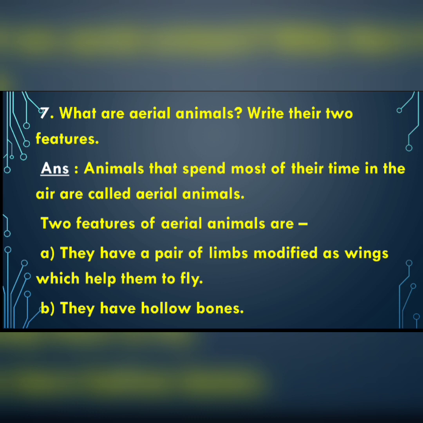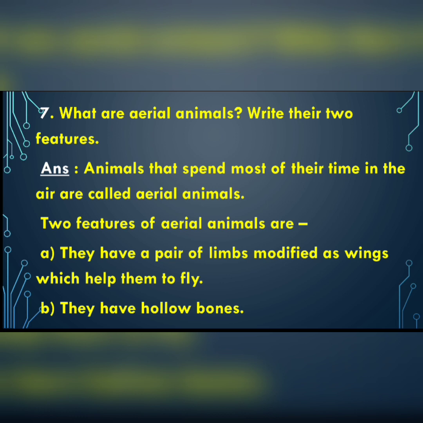Yes. Next, question number D7. What are aerial animals? Write their two features. The answer is animals that spend most of their time in the air are called aerial animals. This much is the answer of the first part of the question.